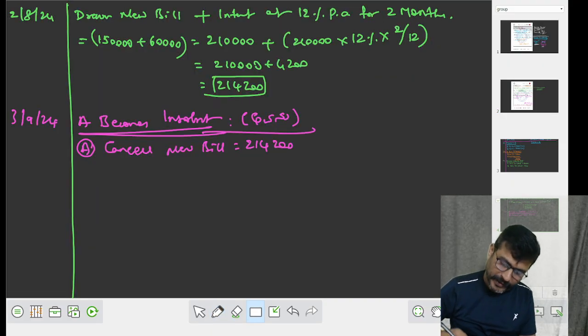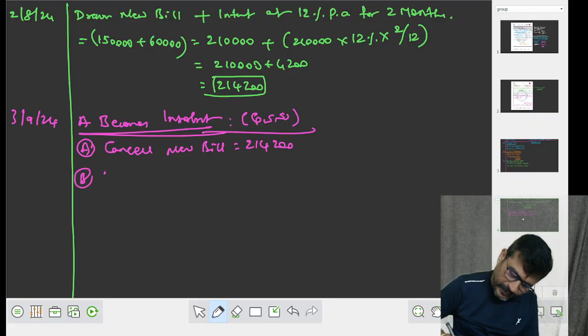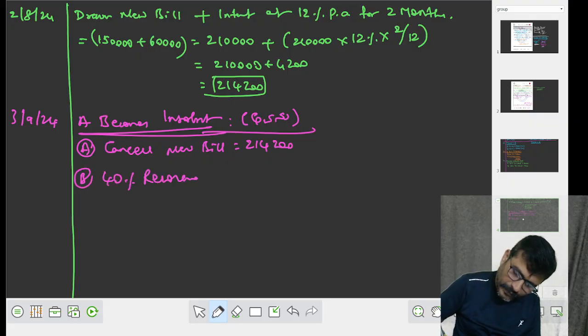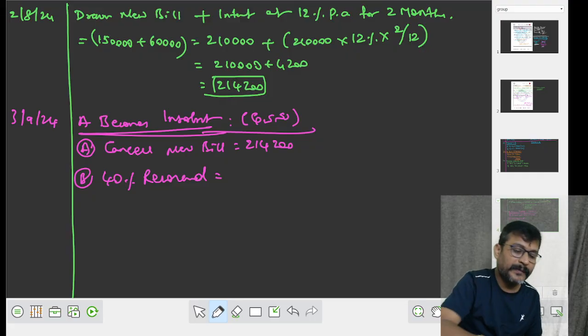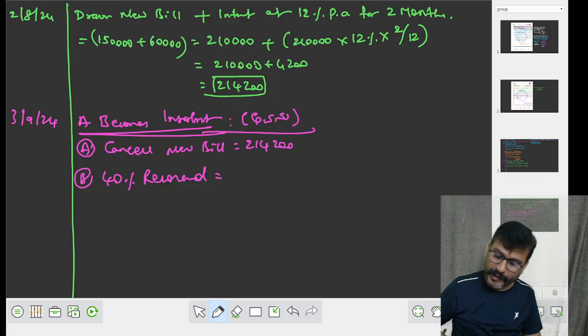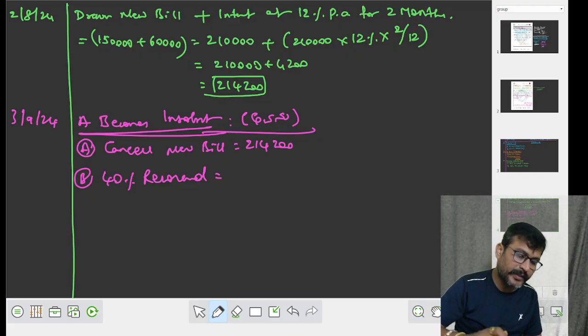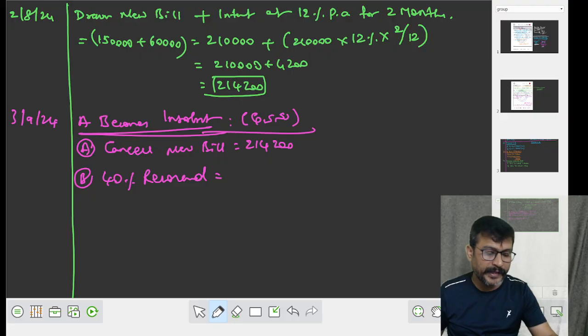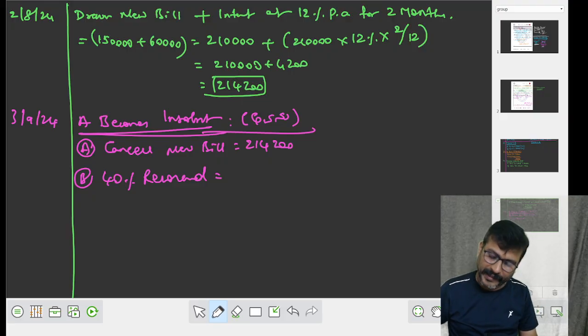What is the 40%? B point. Use calci. 2,14,200 into 40% बोले तो 85,680.